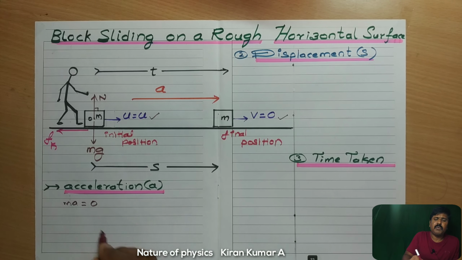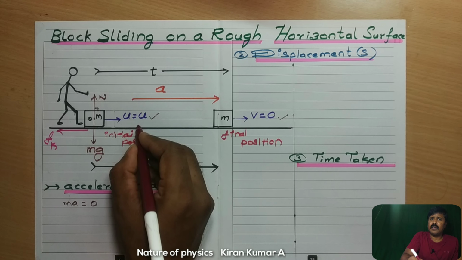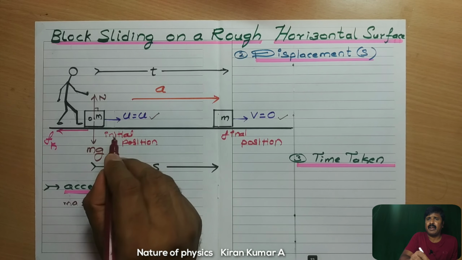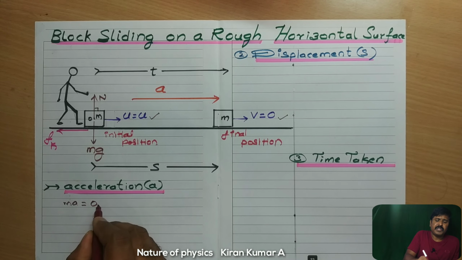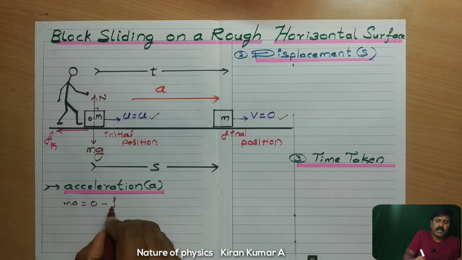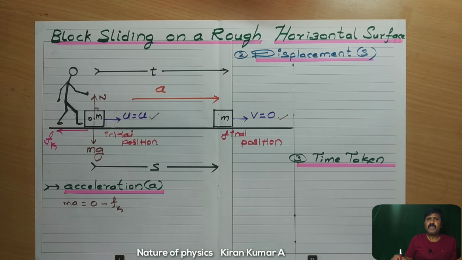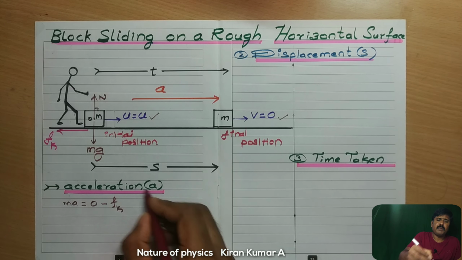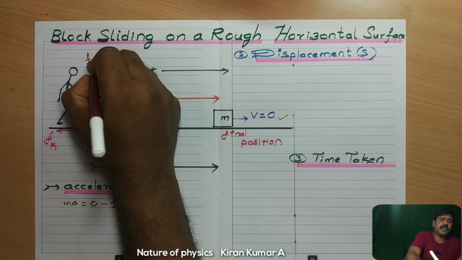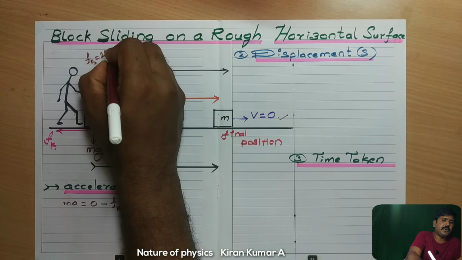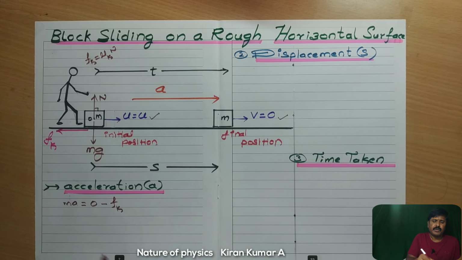Is there any force in the direction of motion? No, the person just kicked, so that force is equal to 0. In the opposite direction there is kinetic friction, and the basic formula for kinetic friction is Fk equals mu k into N. So ma is equal to minus mu k into N.